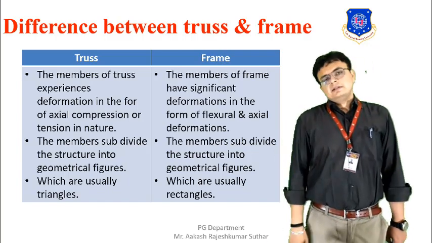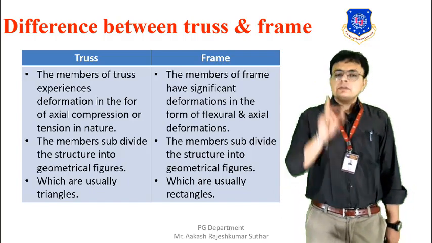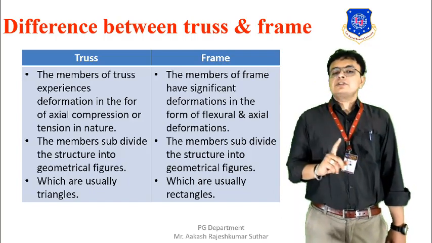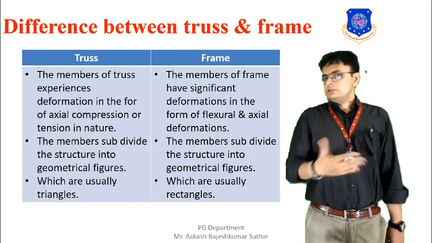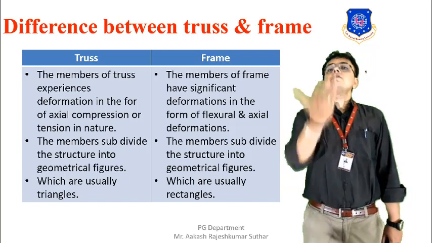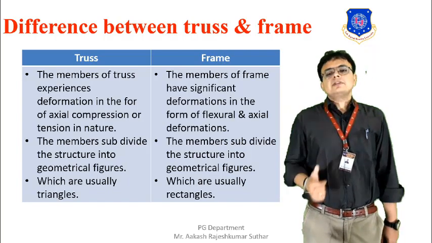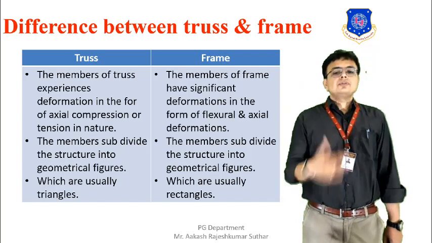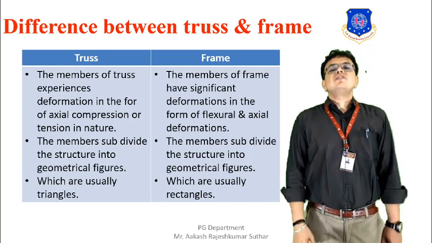But the members of the frame have significant deformation in the form of flexural and axial deformation. Because moment is also taking place, shear force is also acting, and axial force is also acting, there will be deformation in the form of flexure, and at the same time axial deformation will also take place in the frame.